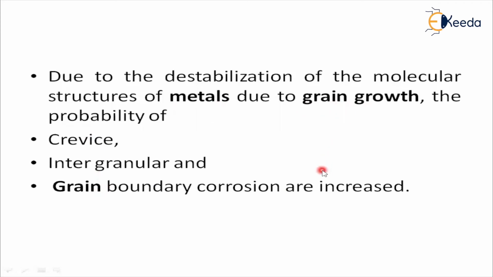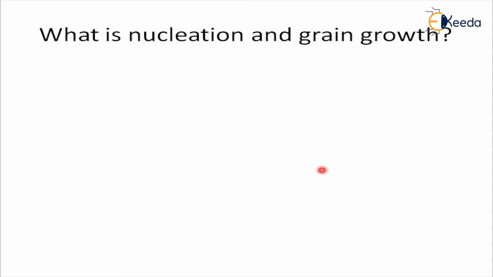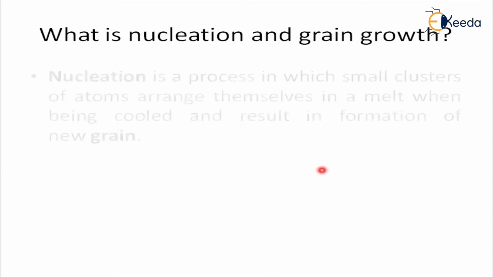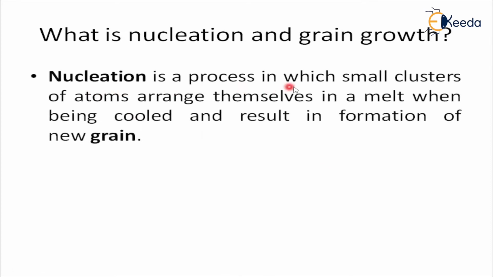Here we are using the word nucleation in grain growth. What is nucleation here? Nucleation is a process in which small clusters of atoms arrange themselves in a melt when being cooled and result in the formation of a new grain. So that means nucleation is the initial stage, in which the annealing temperature is very high.